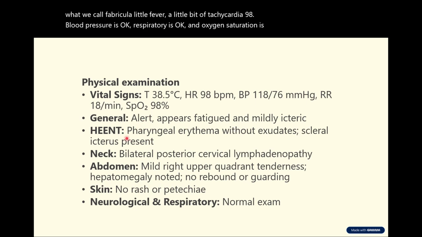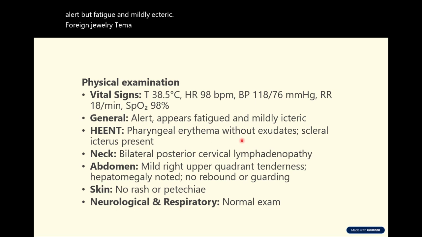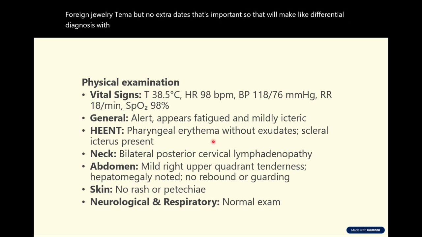In general, he appears alert, but fatigued and mildly icteric. Pharyngeal erythema but no exudates. That's important, because it helps make the differential diagnosis with strep or other viral infections in the pharynx.